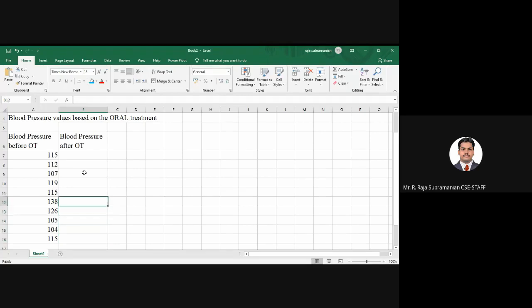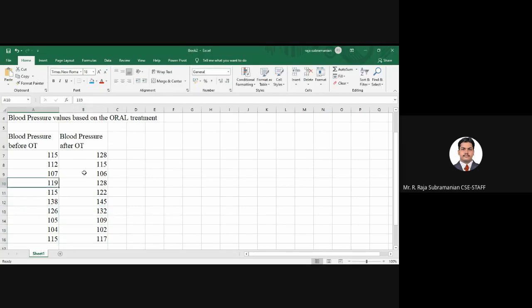Next, blood pressure after OT, that is, after treatment: 128, 115, 106, 128, 122, 145, 132, 109, 102, 117. So I have the values here.